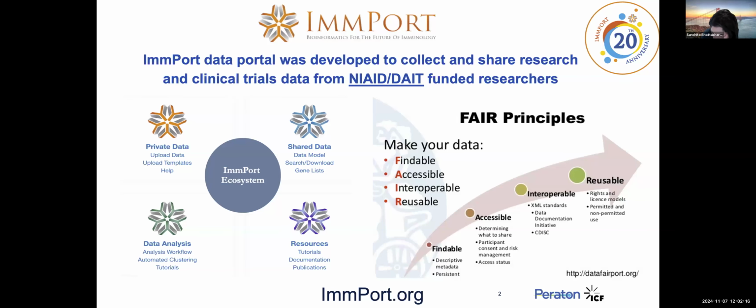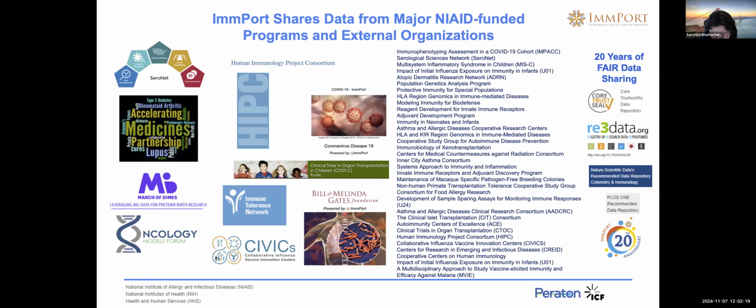And so with that, the question is, who shares the data through ImmPort? ImmPort data is primarily shared from the major NIAID funded programs, and we also accept data from external organizations.